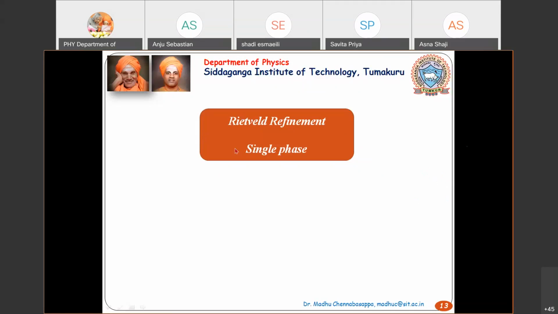So we have done profile fitting using your Le Bail fitting.